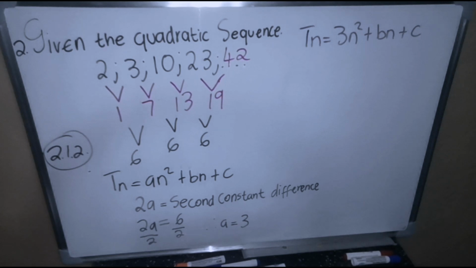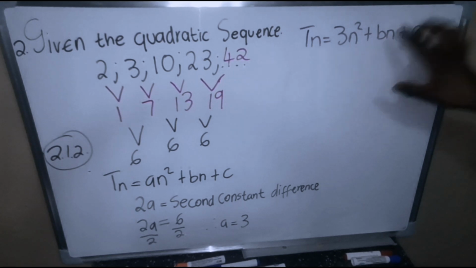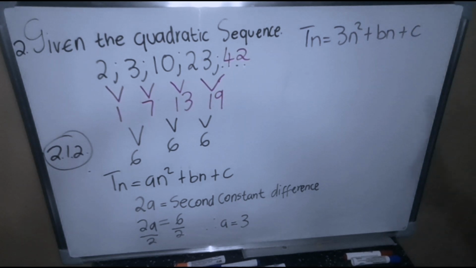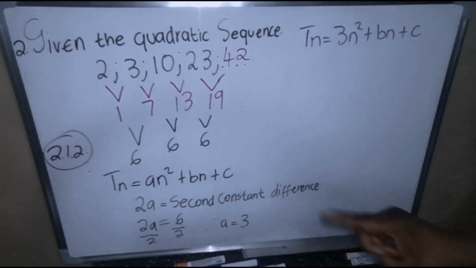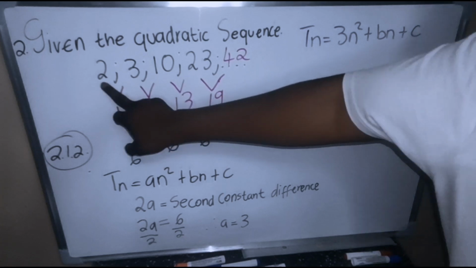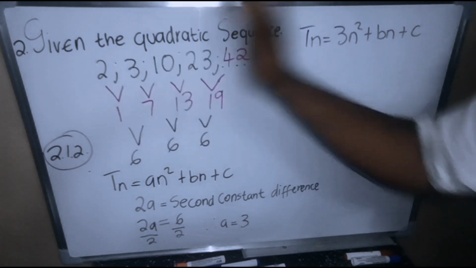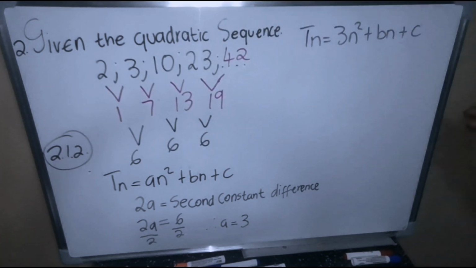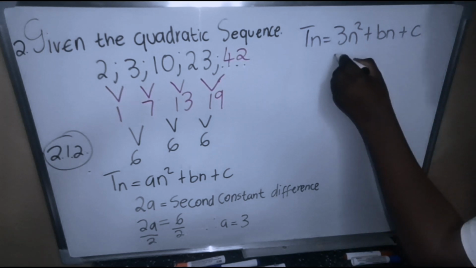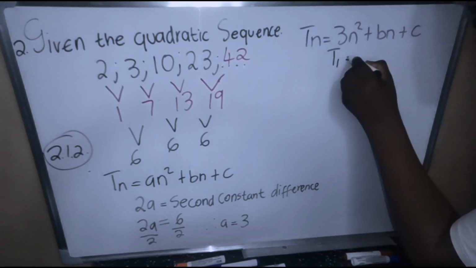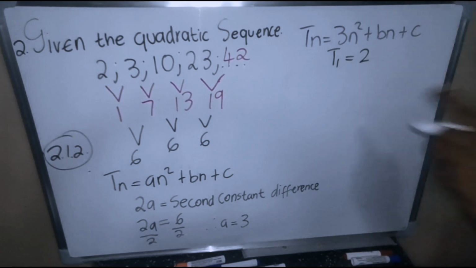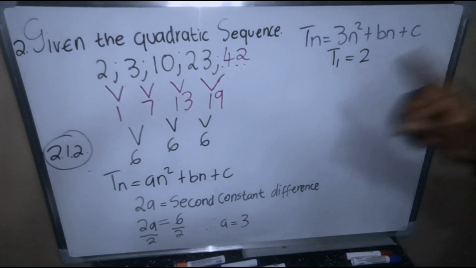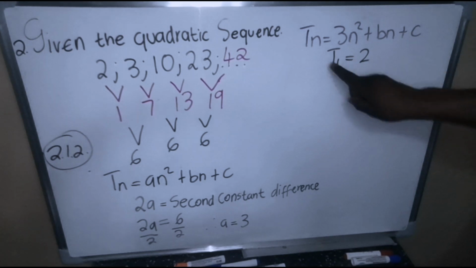Now, how do you find b and c? We must have 2 equations. That's simultaneous equations basically. Let us check something from our sequence here. We've got term number 1, term number 2, term number 3, term number 4, and so on. Term number 1 is equal to 2. Are we clear? Basically, I'm going to substitute 1 where there is n.